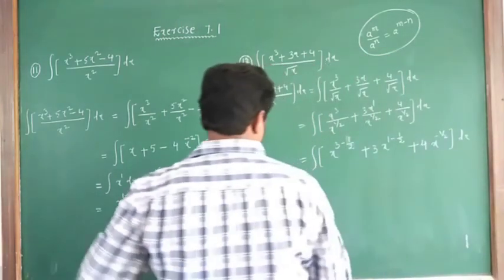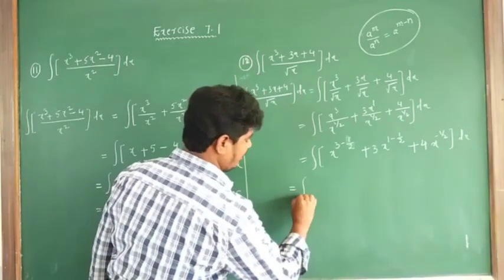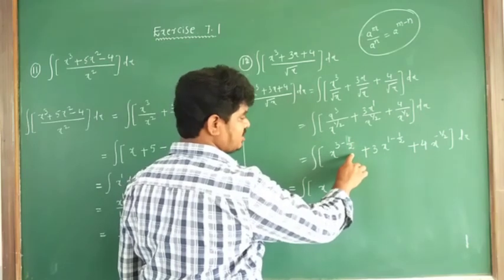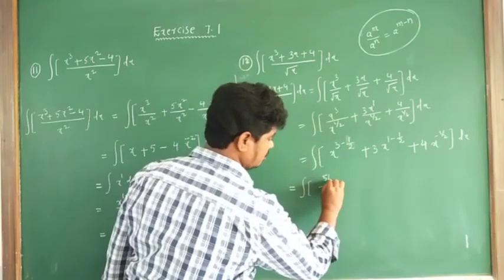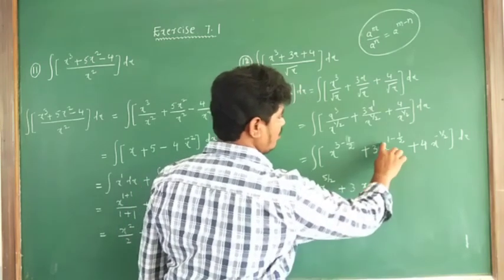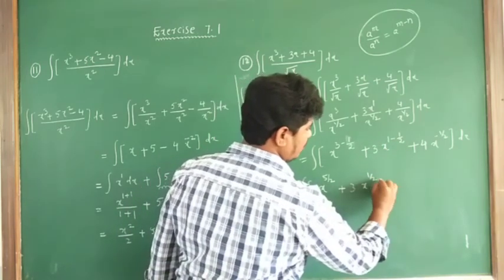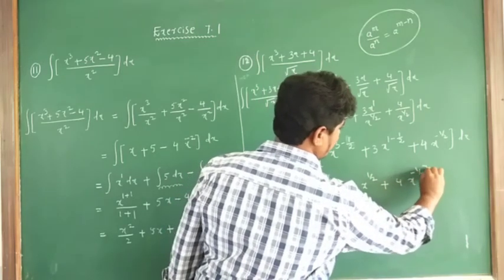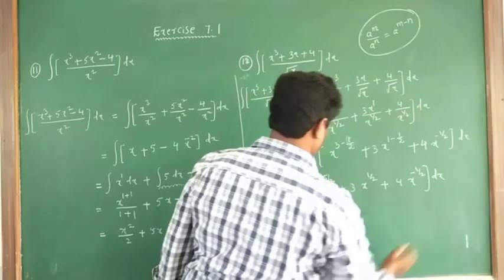Now this is equal to integral of x to the power of 3 minus 1 by 2, that is 5 by 2, plus 3 into x to the power of 1 minus 1 by 2, that is 1 by 2, plus 4 into x to the power of minus 1 by 2 dx.